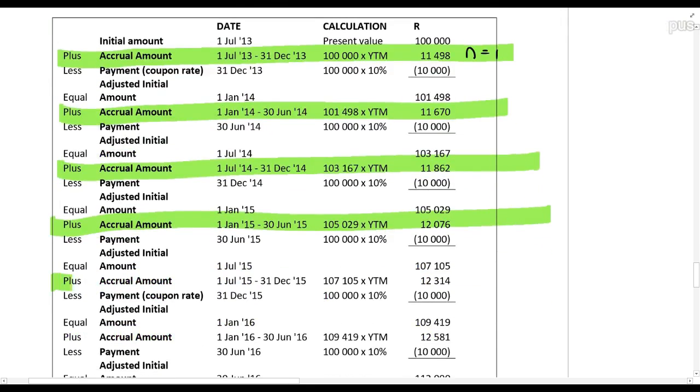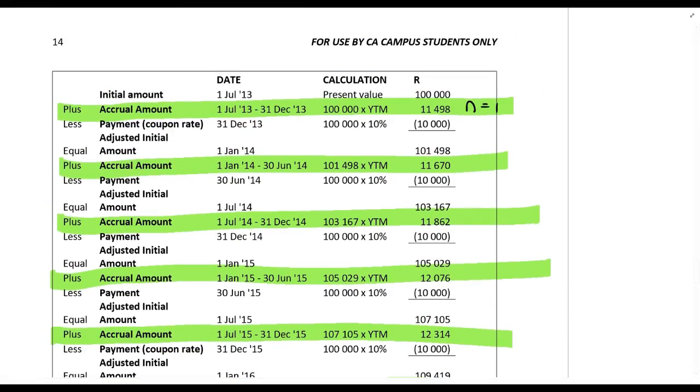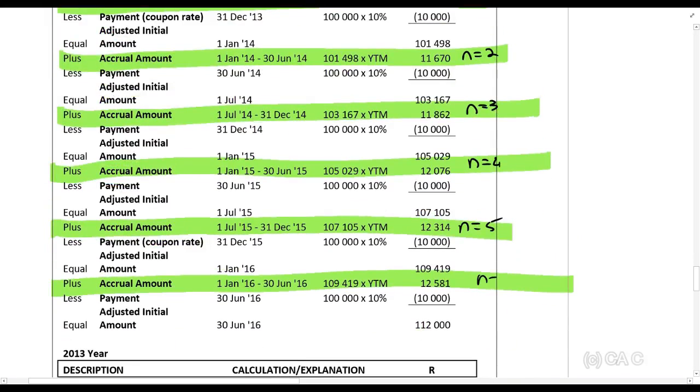Right, and guys, obviously you've now seen this calculation so many times, but I just want you to see. So N1, N2, N3, N4, N5, and N6.